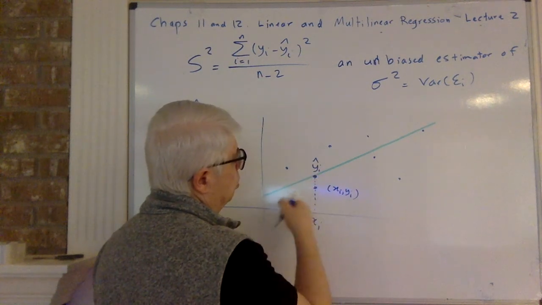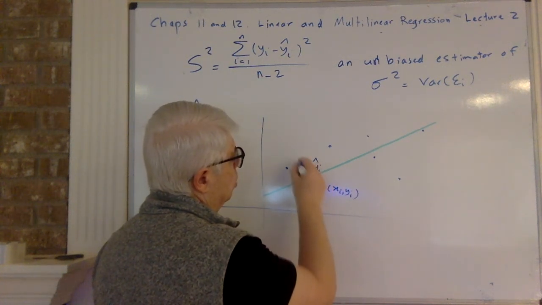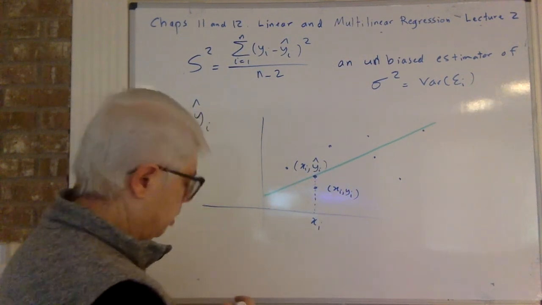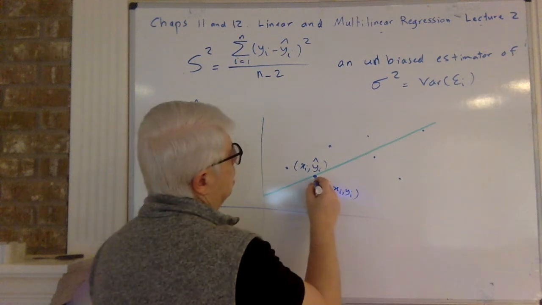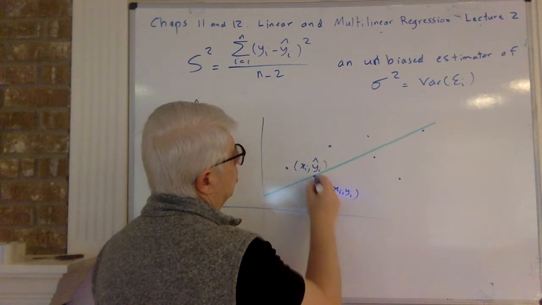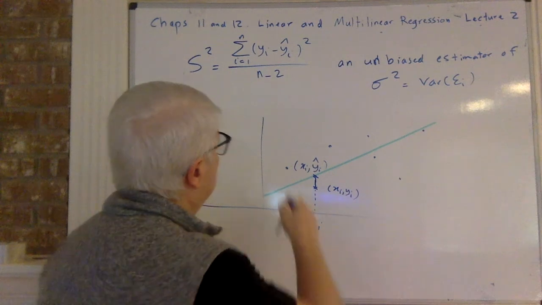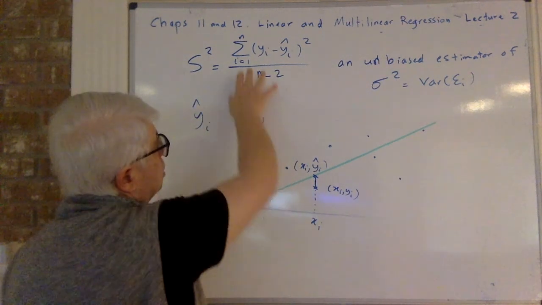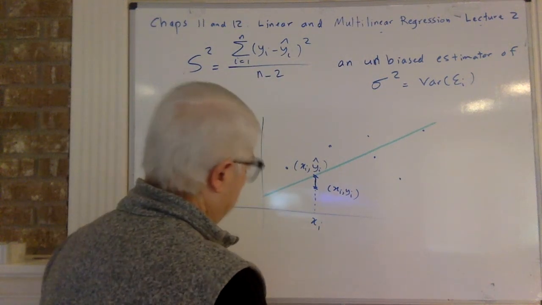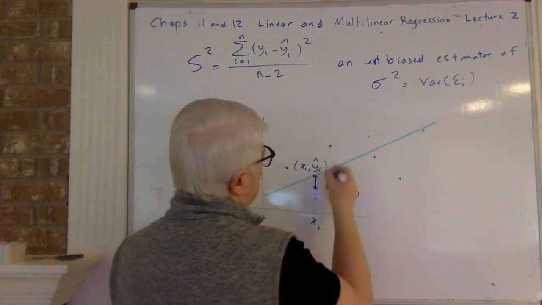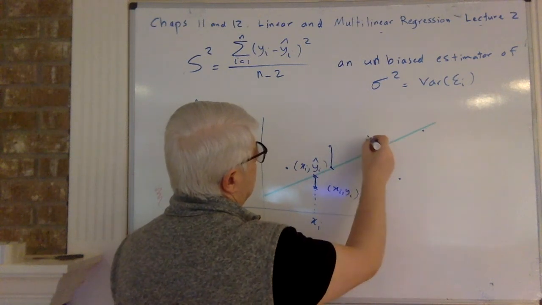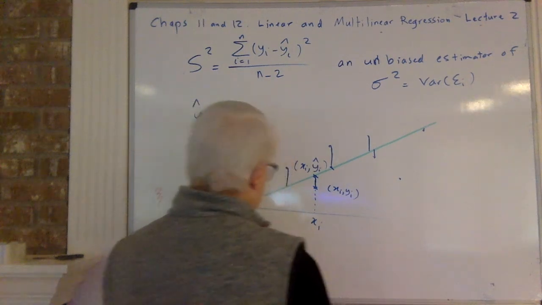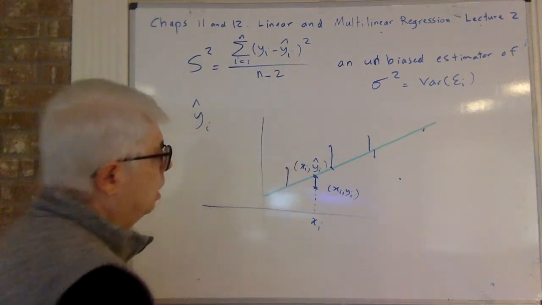So this point will be xi, y hat i, which is on the regression line, and this is the residue. From here to here is called the residue. So this is the sum of all these differences that we have here, and that is the sum of those differences squared.